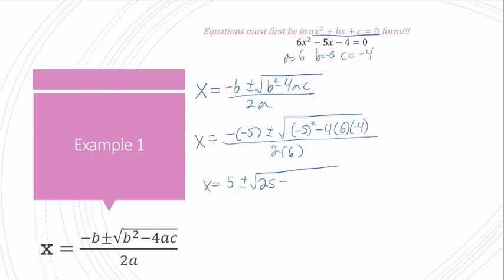Times another 4 gives me 96. It's going to be plus 96. All over 12. So I get x is 5 plus or minus the square root of 121 over 12.